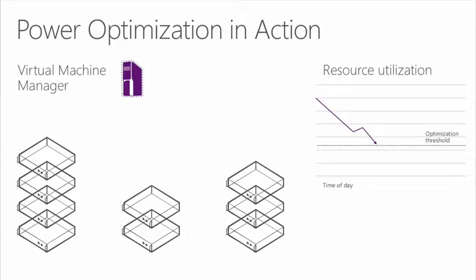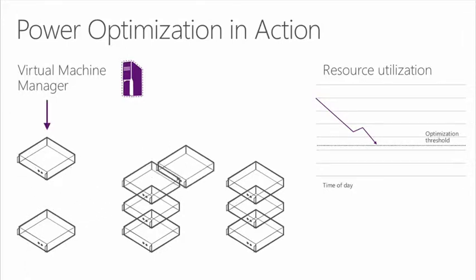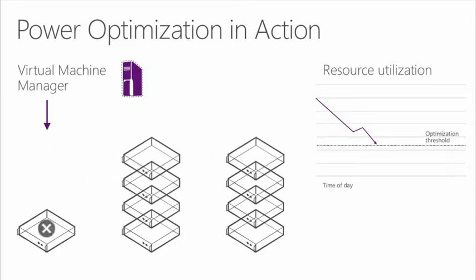So basically, the virtual machines are running, but the workload goes down below a threshold, meaning that the utilization of the servers leaves me with enough resources that I can shut down some of these servers and still be below that optimization threshold. If that's the case, I'll move the virtual machines off, I'll shut down that physical host, and I'll just run on a smaller number of servers.